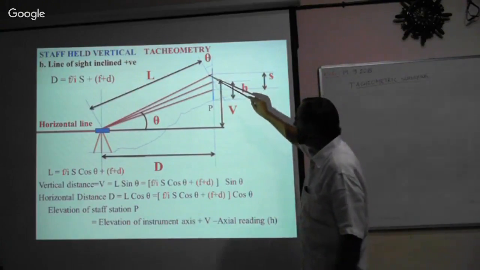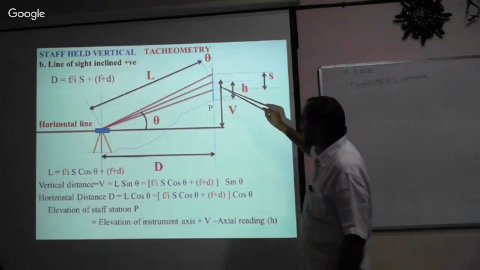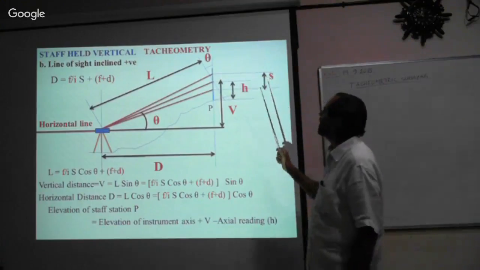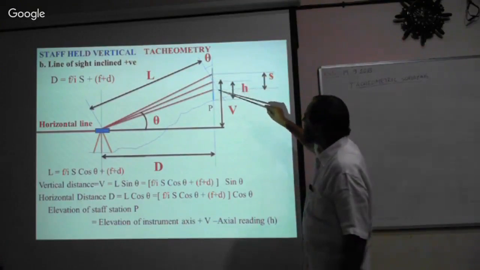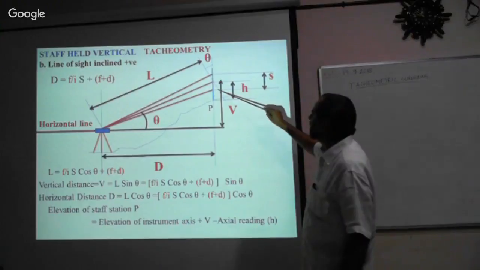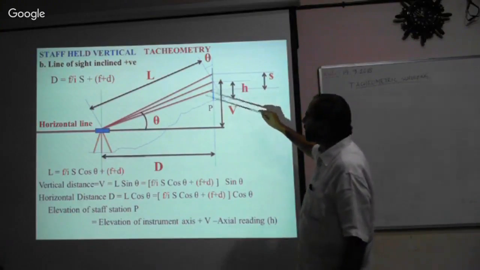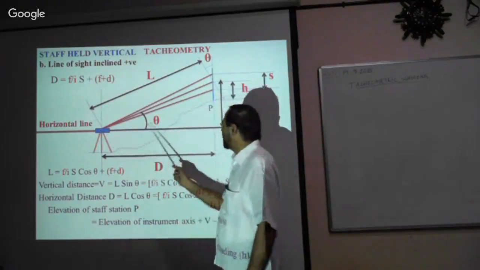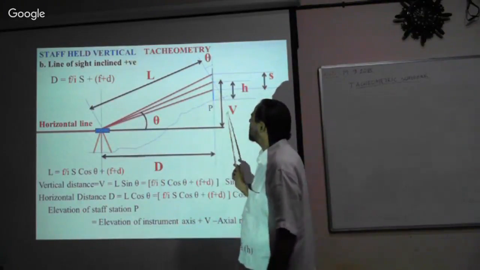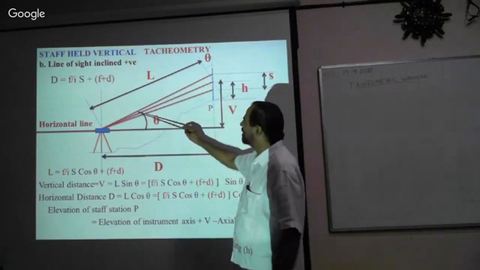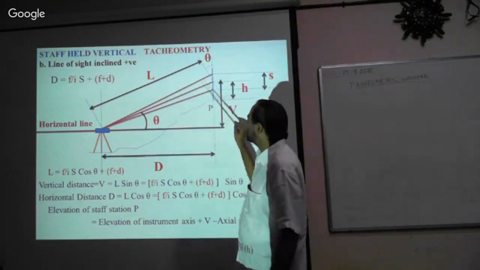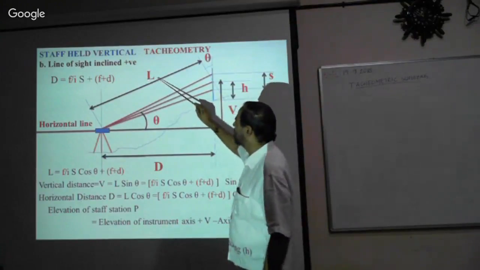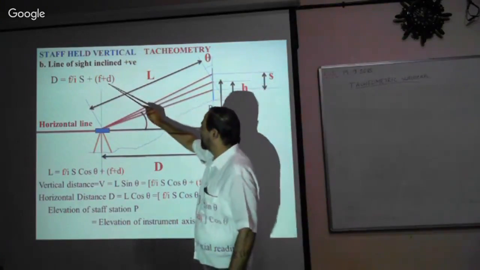Consider this triangle, and this becomes S cos theta. The earlier equation is good for line of sight horizontal and staff vertical, whereas here the line of sight is inclined, staff vertical. Therefore, first find out L. To find out L, use the same equation.